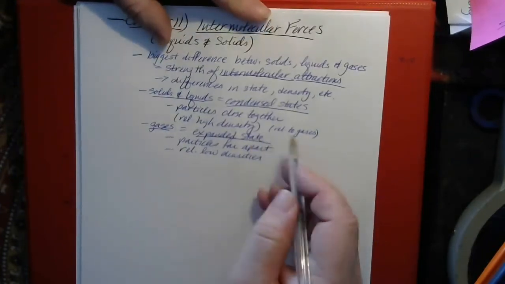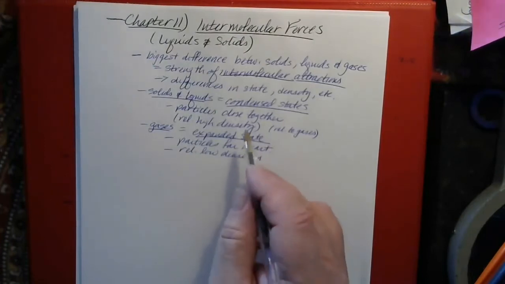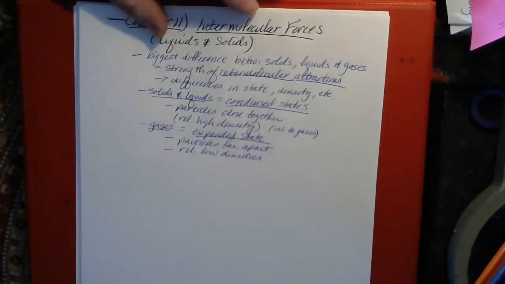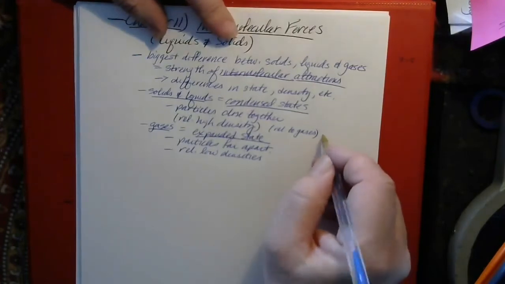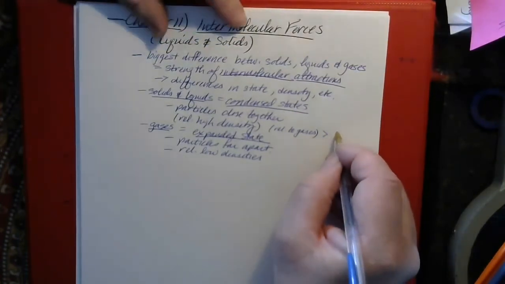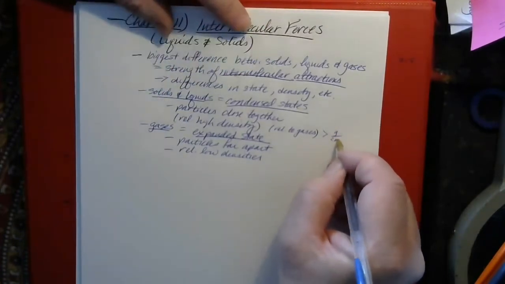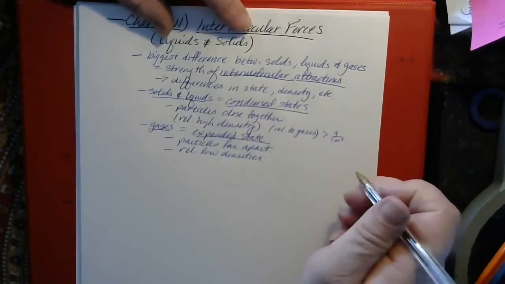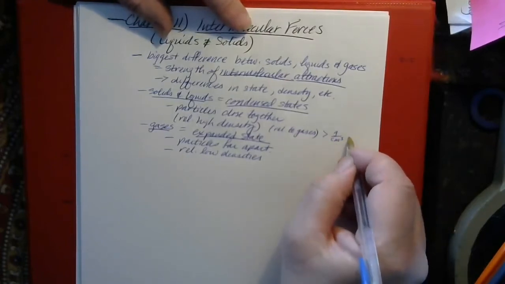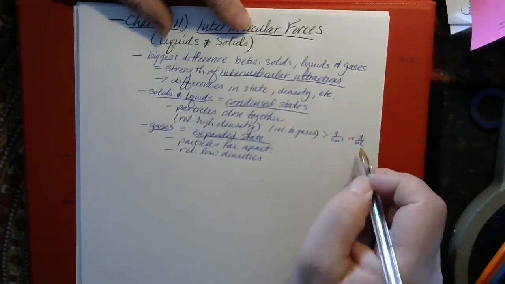One way that you can actually see that the densities of gases are much lower than the densities of liquids or solids is if you look at the units that are characteristically used for densities. For solids, you generally have density given in units of grams per cubic centimeter. And for liquids, it's usually grams per milliliter.